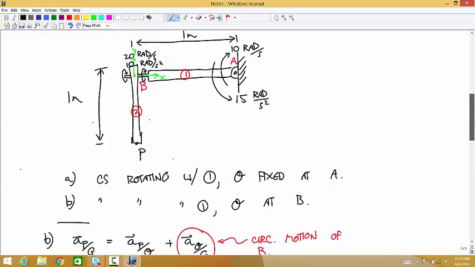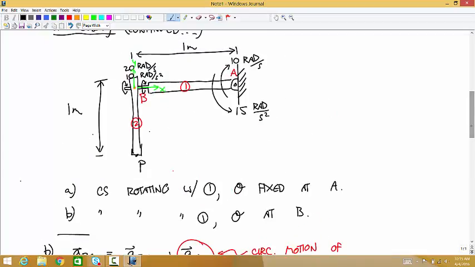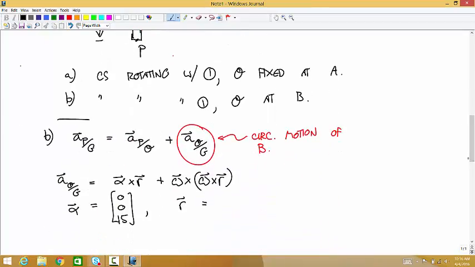And what's the r vector? This kind of thing can get so confusing. But remember, if we're tracking the circular motion of this point, that r vector goes from the center of the circular motion to the point that we care about. Right, just like you said. So negative 1, 0, 0.